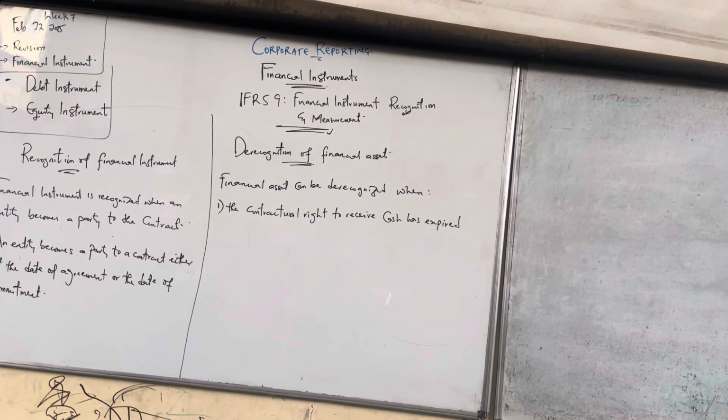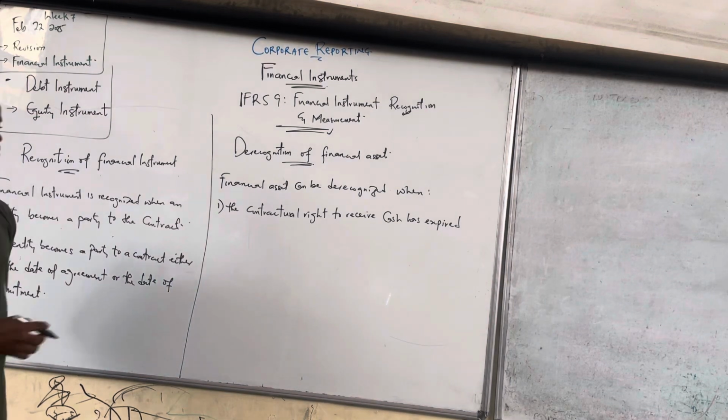The contractual right to receive cash has what? Expired.